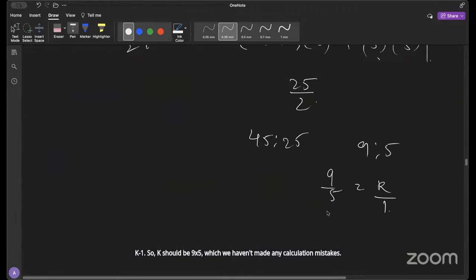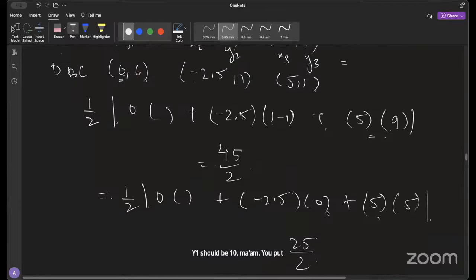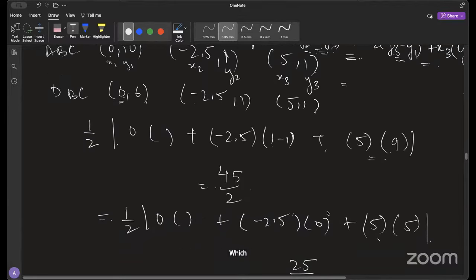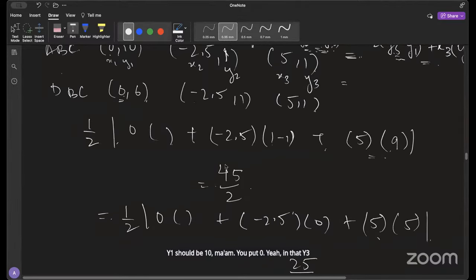Ma'am, in the question, Y3, when you solve it, ma'am, Y1 should be 10, ma'am. You put 0. Which one? Yeah, in that Y3 minus Y1, minus 2.5.